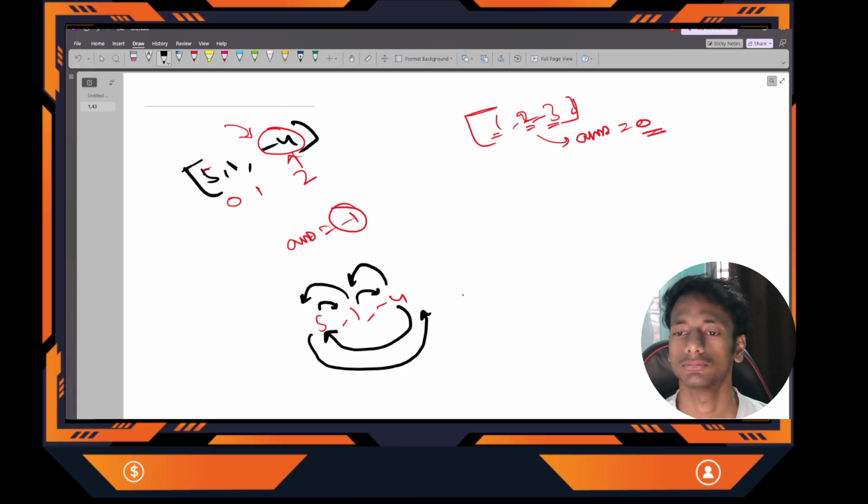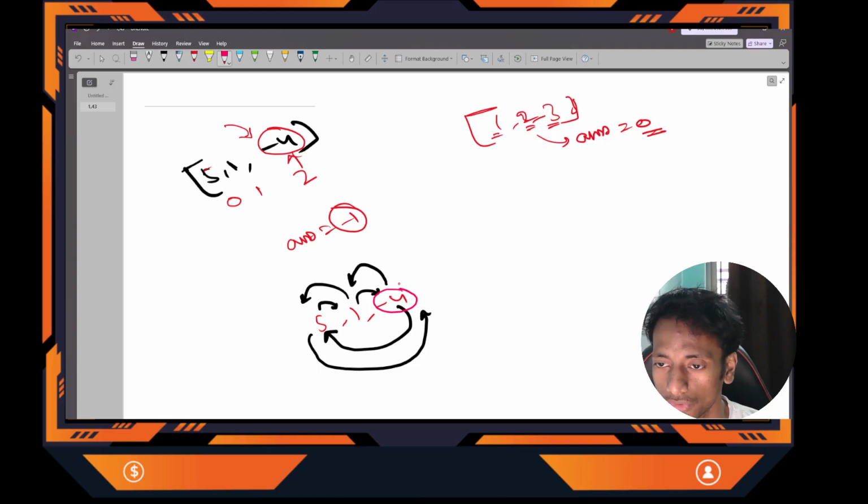Now, our target is to somehow convert this balance to non-negative, meaning at least 0.